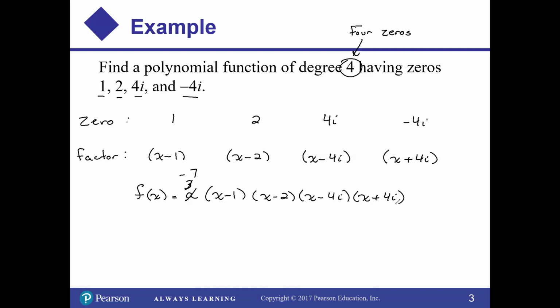But what's important is that all those factors are going to give me roots. So what we have here is a family of polynomial functions that would have these particular zeros, and all we have to do is change that coefficient out front. We're going to make life easier on ourselves and make that just 1. So this will be my polynomial.